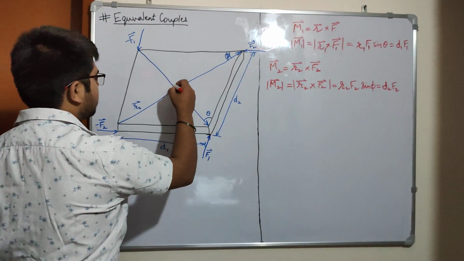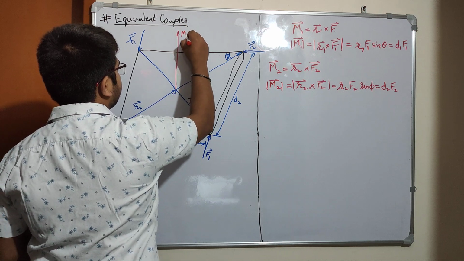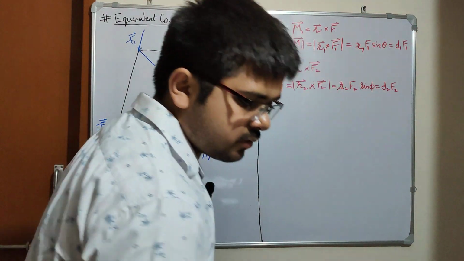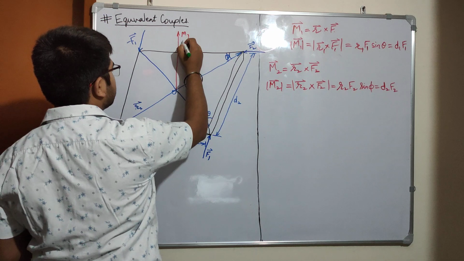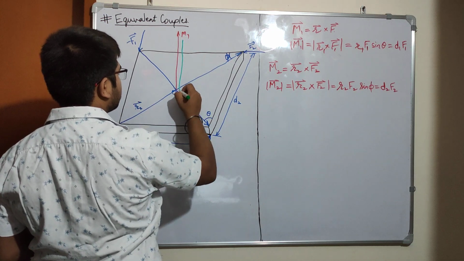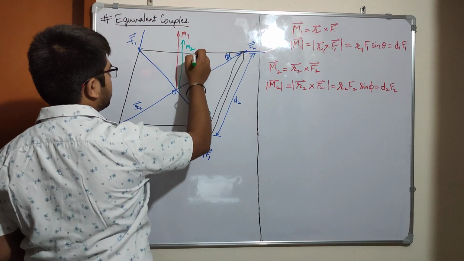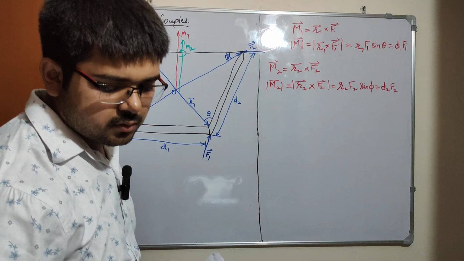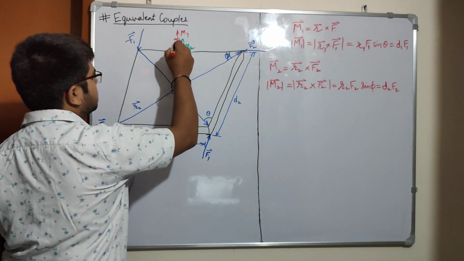So we have a moment here, M1, and another moment here, M2. M2 is in this direction, and M1 is also in this direction.